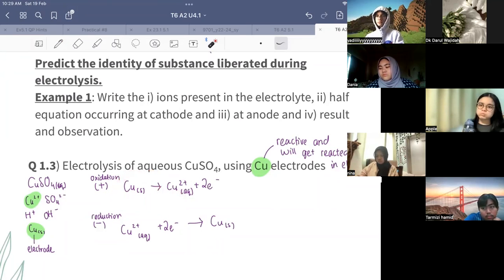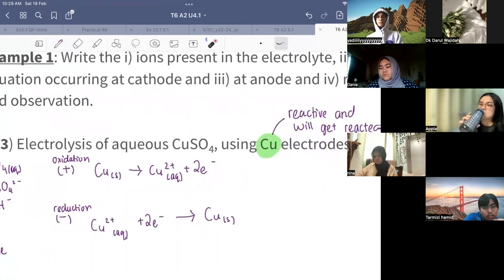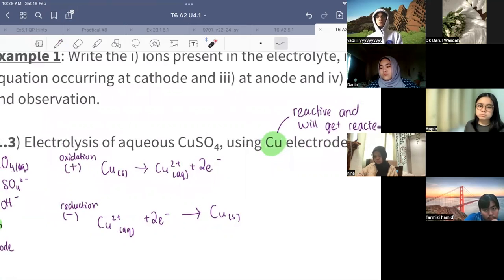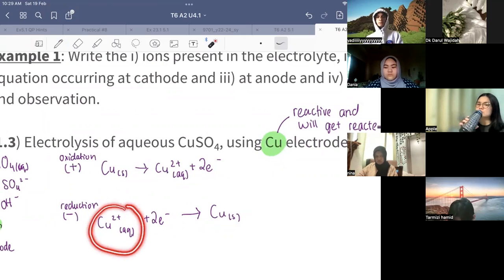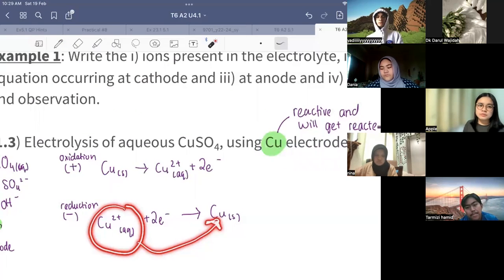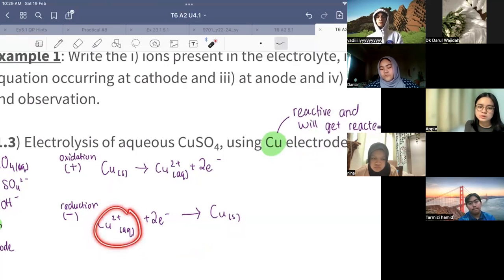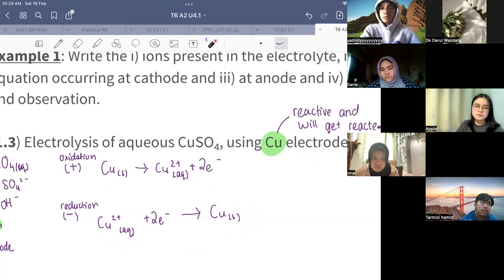Now, if we want to talk in terms of observation, we look at the observation at the reduction first. So we see that the aqueous copper ion will form copper solid. Aqueous copper is blue in color in solution, and copper metal is usually brown.